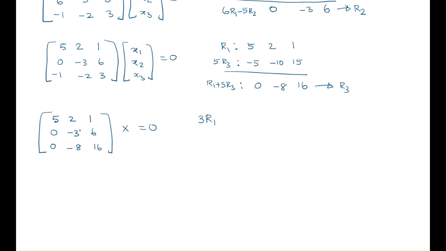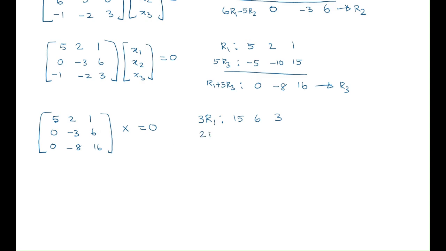Now the second diagonal element is the minus 3. So we have to make zeros on the upper and lower values. Therefore I am multiplying by 3. So 3 times R1 becomes 15, 3 2s are 6 and 3 1 is 3. Now R2 I am multiplying by 2.